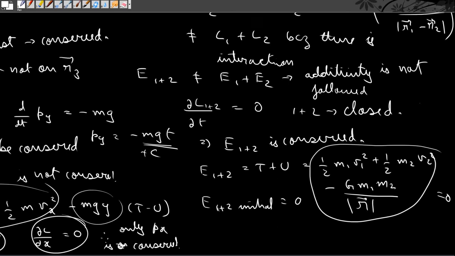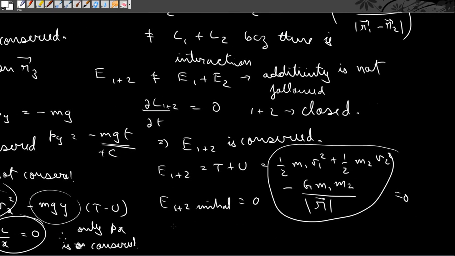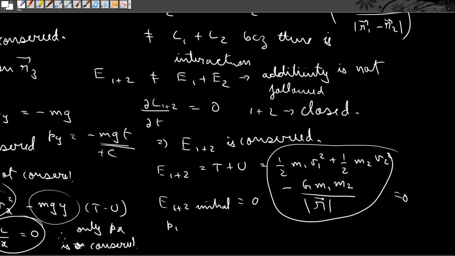However, if you consider the momentum, then P1 is equal to dou L by dou V1, which is M1 V1, and P2 is dou L by dou V2, which is M2 V2. Individually, these are not conserved.